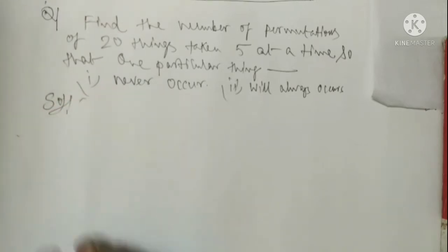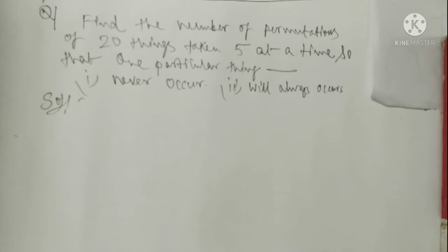Solution. Our question is that one particular thing never occurs. Never occur means whatever may be the permutation, whatever may be the arrangement, that particular thing will be absent every time.